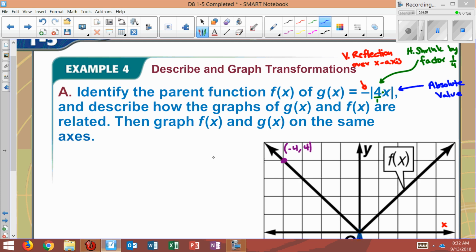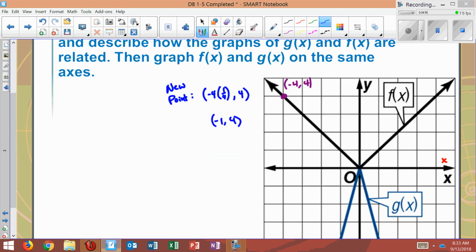So I take that -4 and multiply it by 1/4. This will give me my new point. Here's how you get the new point. -4 times 1/4 is -1, and so we get (-1, 4), which goes to there. So that's the shrink.